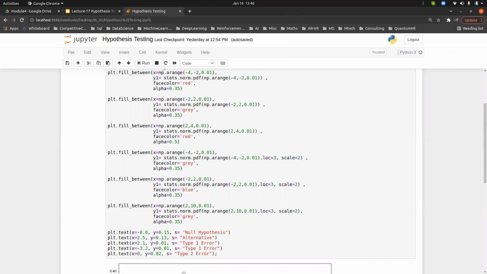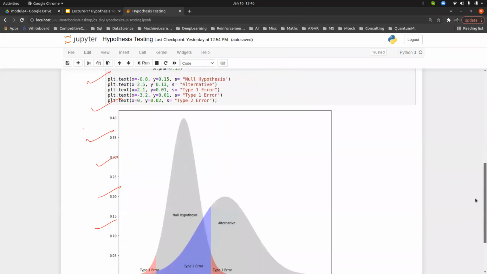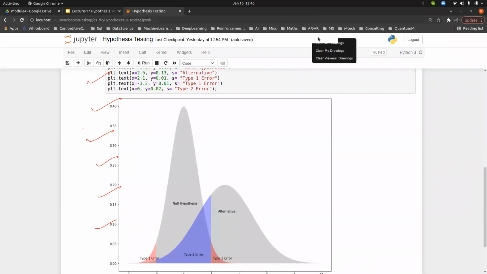So here we have assumed our distributions to be normal distributions. We are sampling from the normal distributions, and we have simply plotted it. Later on we will see this with the help of various tests, but for now we have simply plotted it.